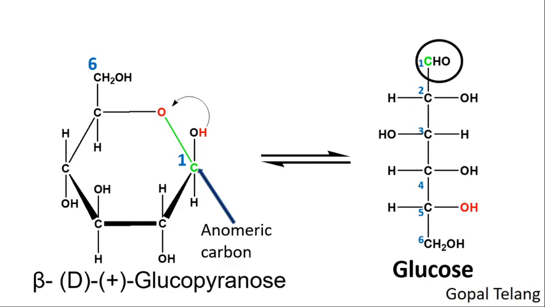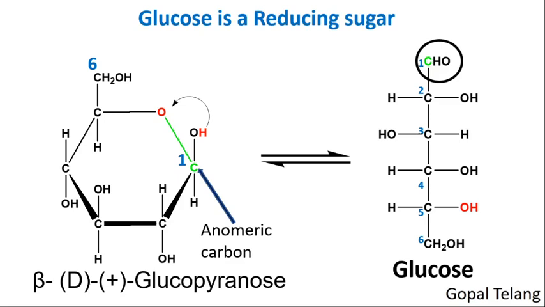This open chain structure has a free aldehyde group, which is available for reaction with Tollens reagent and Fehling solution, and therefore we say that this is the representative example for monosaccharides. We say that glucose or monosaccharides are reducing sugars.